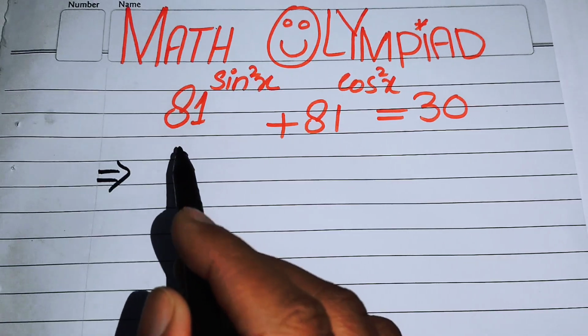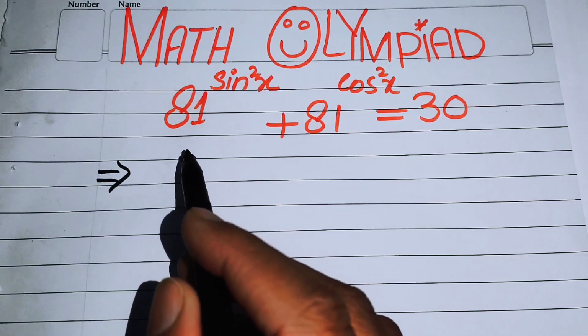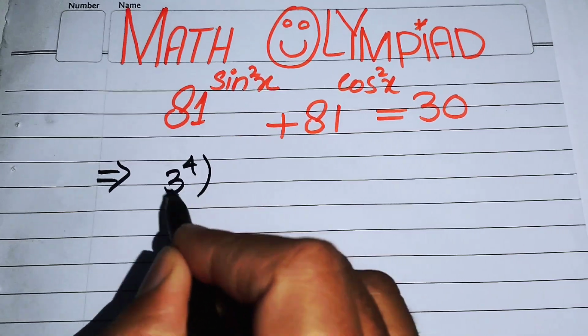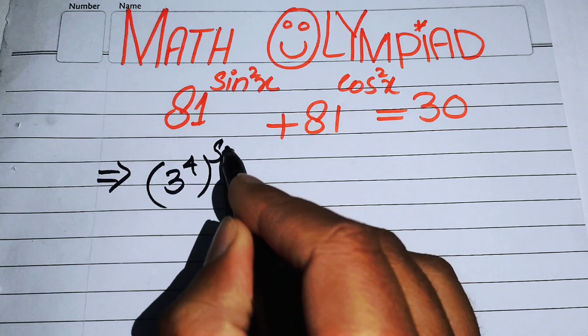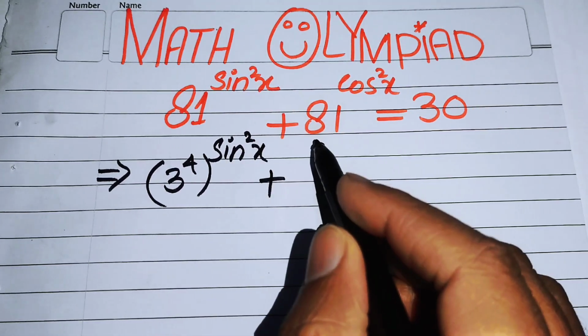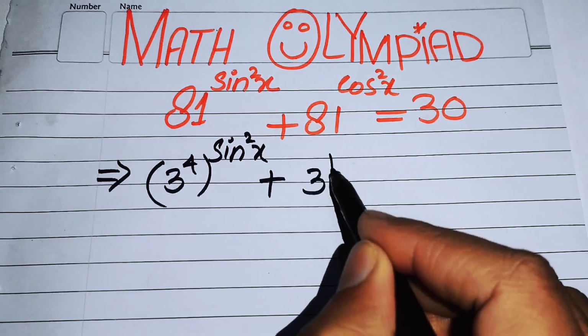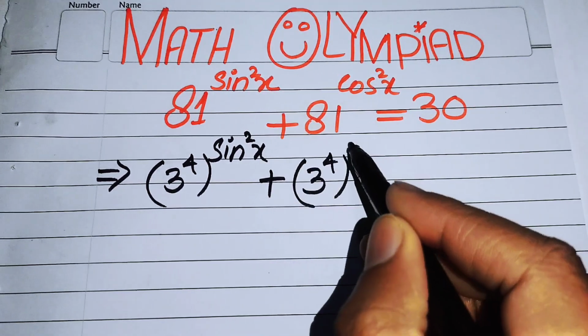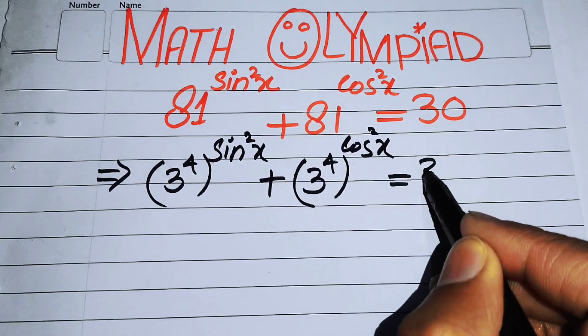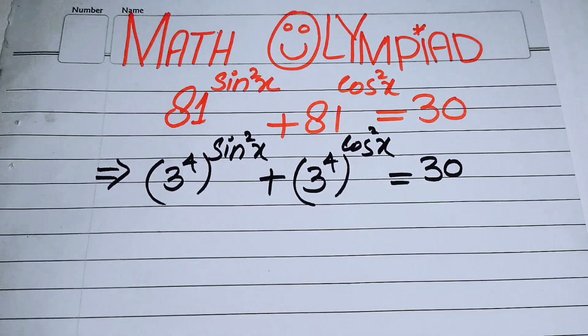Here you see that we have 81, and when we find the prime factors of 81, these are 3 to the power of 4. So we have (3 to the power of 4) to the power sine squared x, plus we write this 81 as (3 to the power of 4) to the power cos squared x, and it equals 30.